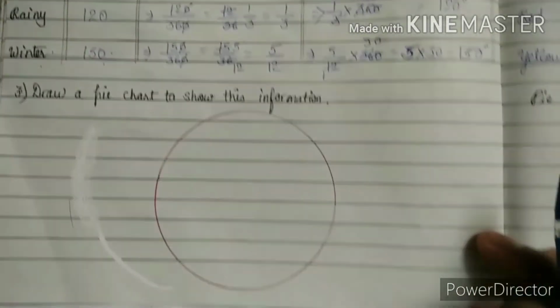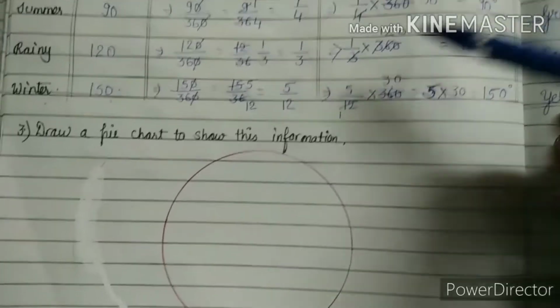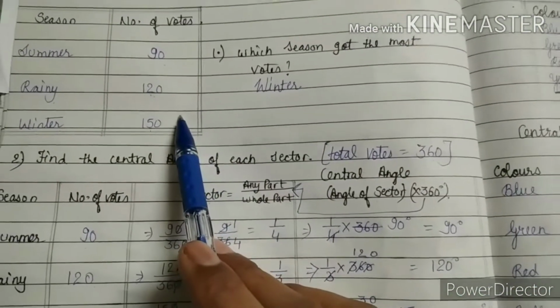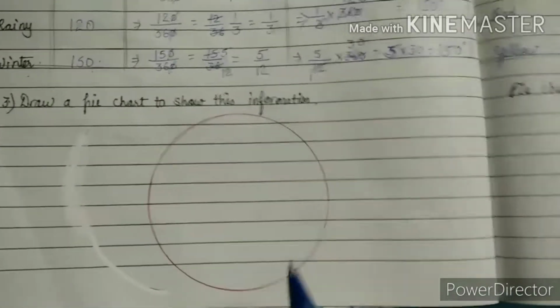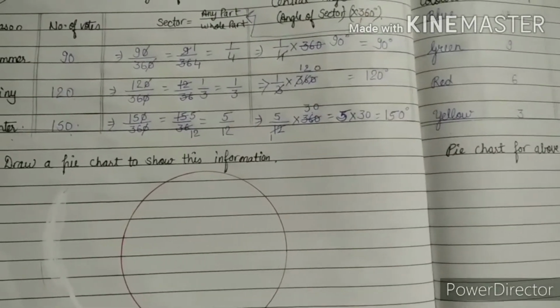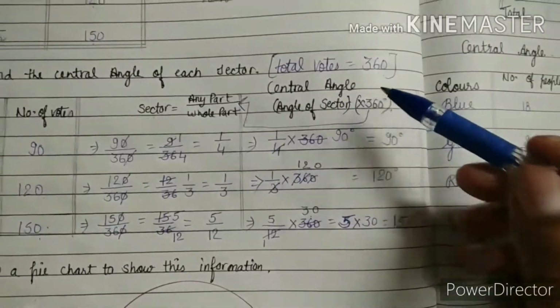Now the last question is draw a pie chart to show this information. It means we have to draw the pie chart of given things. So before drawing pie chart of any information, firstly we have to take the central angle. So is there we taken central angle? Yes, we have taken the central angle of each.